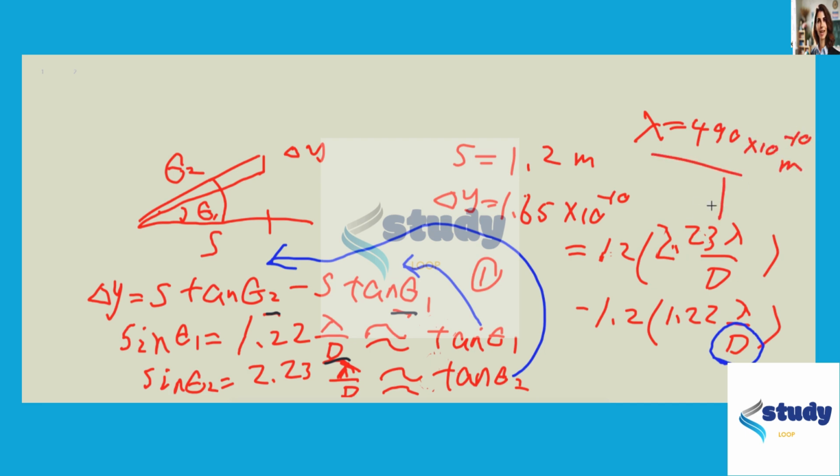So we just plug it in here, and finally we get our diameter equals 0.036 meters, which equals 3.6 millimeters.